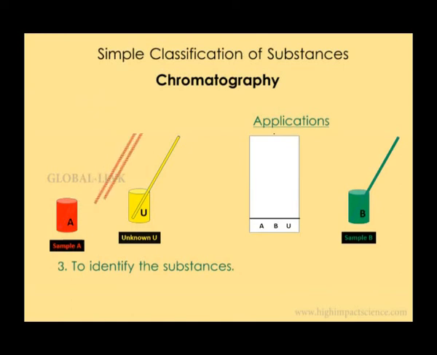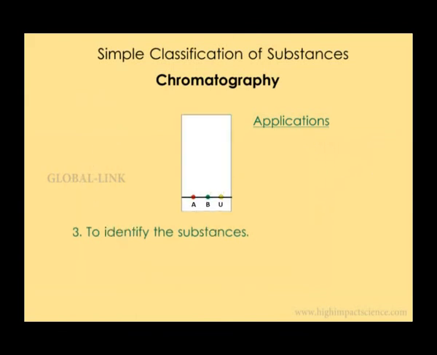So we have A, then we place B, and then U. We place it in a mobile phase. The solvent rises and carries the components of the sample to different heights. From this chromatogram, we can conclude that the unknown substance is actually B.